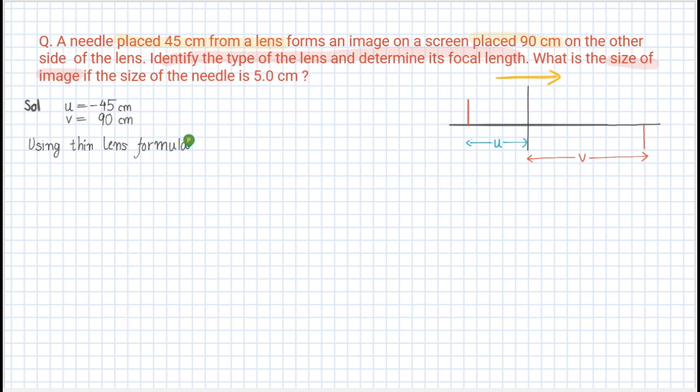According to the thin lens formula, 1 by V minus 1 by U equals 1 by F.